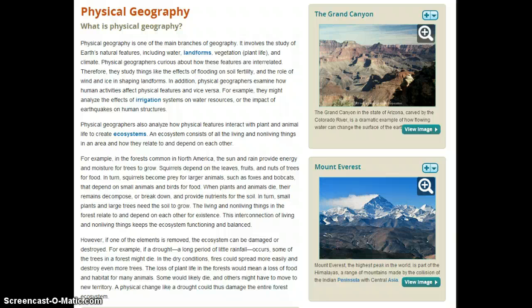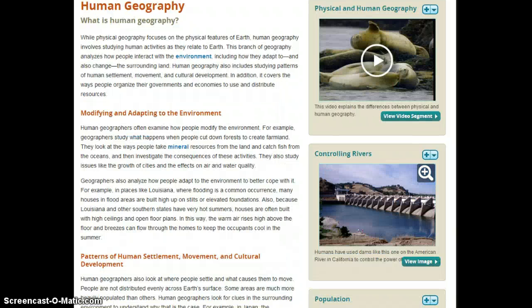Physical geographers also analyze how physical features interact with plant and animal life to create ecosystems. An ecosystem consists of all of the living and non-living things in an area and how they relate to and depend on each other.